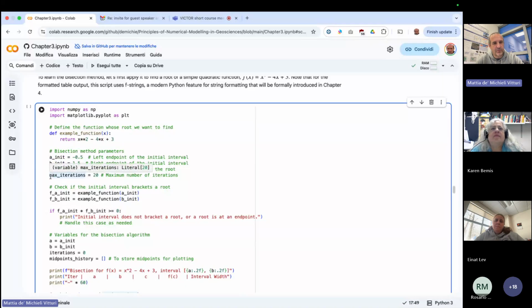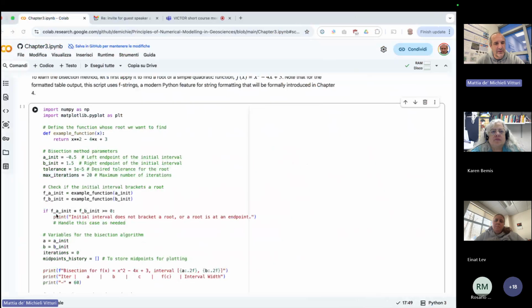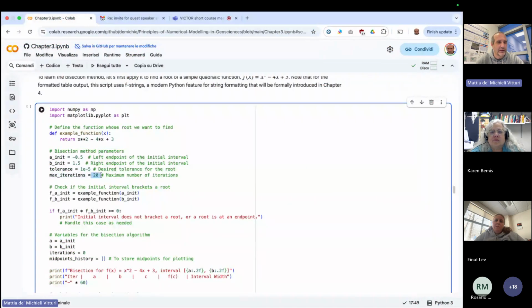And then also we repeat this iteration of dividing in intervals here a maximum of 20 times. Maximum of 20 times means that we started from an interval with width 2, from minus 0.5 and 1.5. At the first iteration, we divide by a factor 2, so it becomes 1.